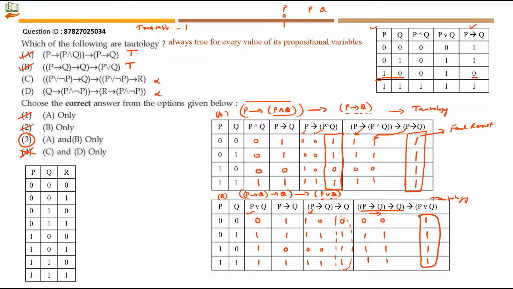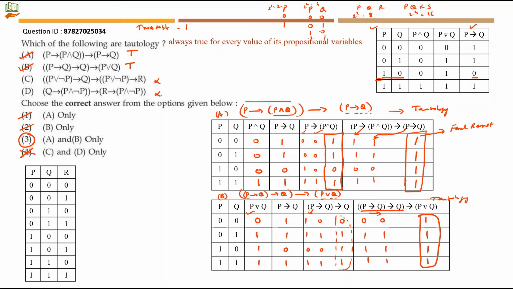When it is P and Q, it becomes 0, 0, 0, 1, 1, 0, 1, 1. 2 power 2 which is equal to 4. So this is 2 power 1 which is equal to 2. This is 2 power 2 equal to 4. When it is 3 variable P, Q, R, this is 2 power 3 which is equal to 8. When it is 4 variable P, Q, R, S, 2 power 4 is equal to 16 set of values.